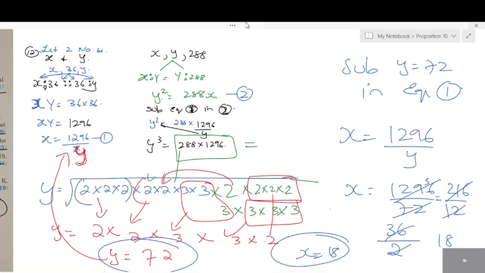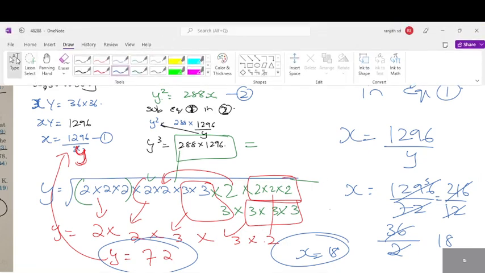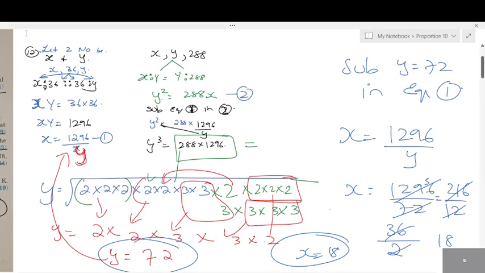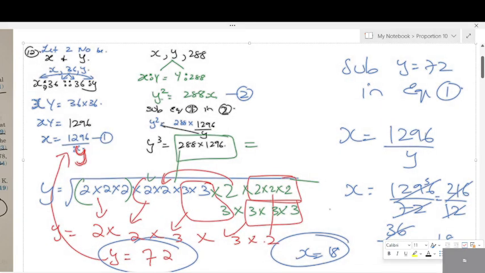This is the answer. 12th question: x is 18, y is 72. Fine. So once you find the value of y, substitute, you'll get the value of x. Okay. Next question.